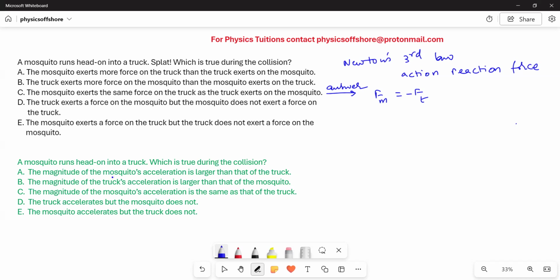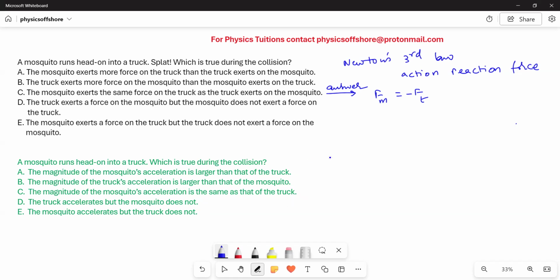A. The magnitude of the mosquito's acceleration is larger than that of the truck. B. The magnitude of the truck's acceleration is larger than that of the mosquito. C. The magnitude of the mosquito's acceleration is the same as that of the truck. D. The truck accelerates, but the mosquito does not. E. The mosquito accelerates, but the truck does not.